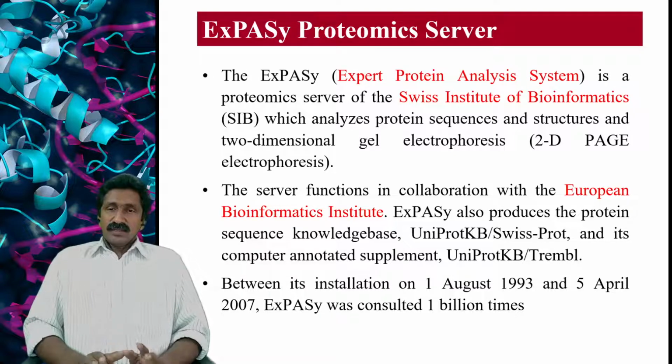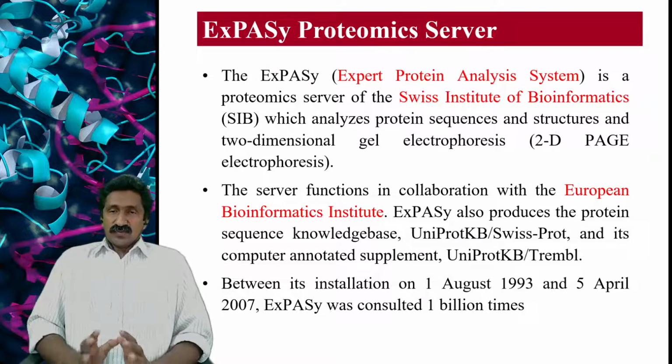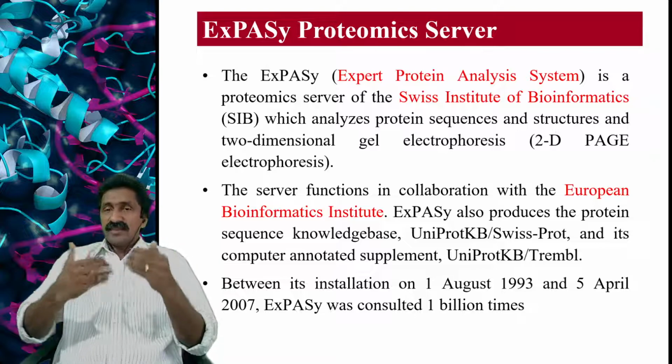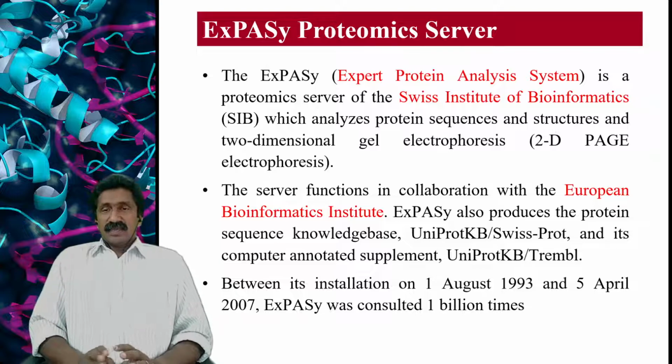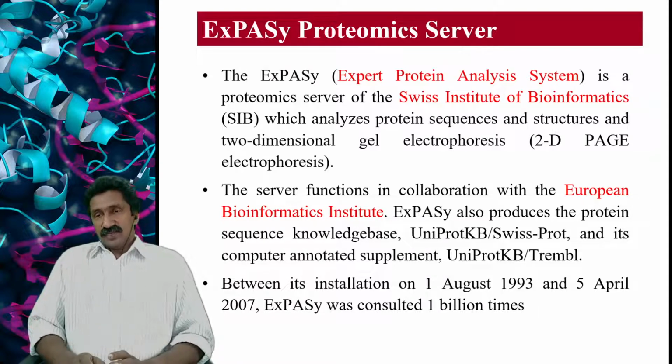So the previous one is actually the manually curated one. Manually curated and manually verified data is present in SwissProt, whereas the annotations and sequences in TrEMBL are actually computer generated. It is not completely manually verified.